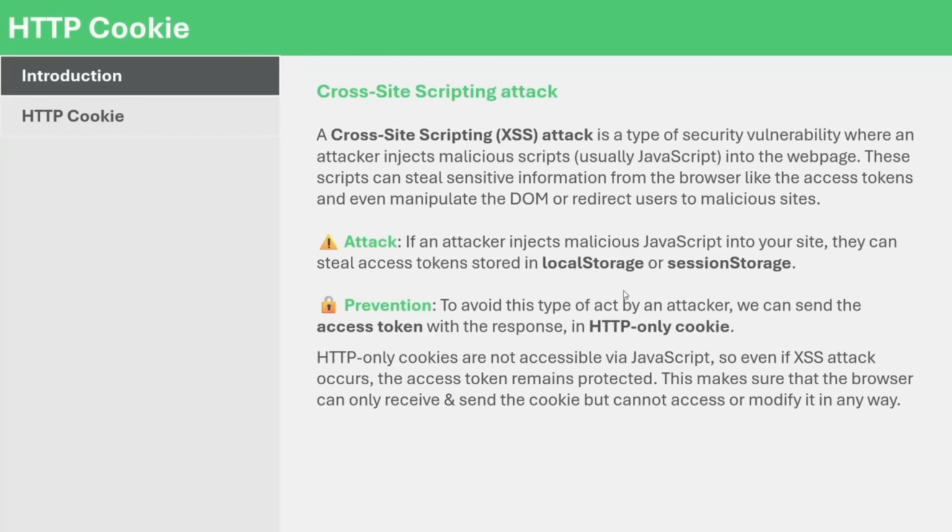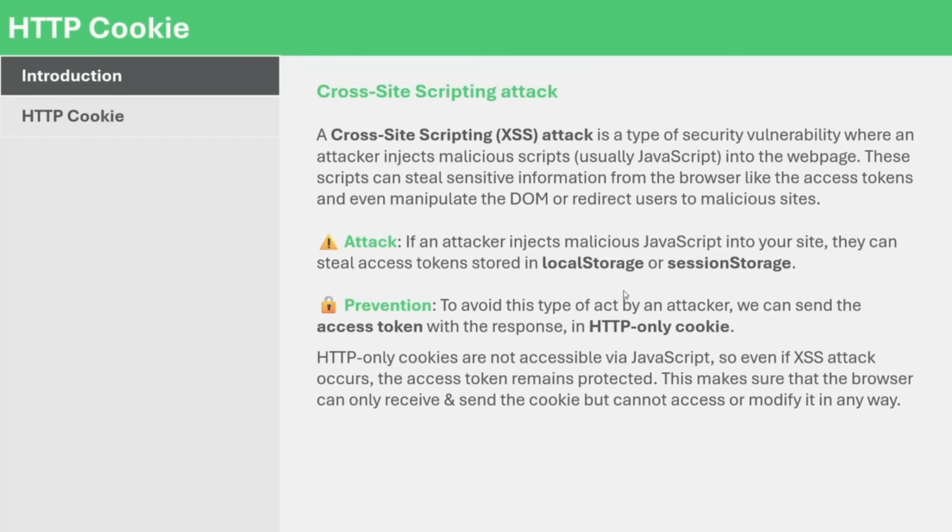Whenever it tries to access a protected route, since it has an HTTP only cookie, that cookie will be sent automatically with the request. And that cookie is going to store the access token which is required for accessing the protected route. I hope this is clear. So let's learn how from our Express app we can send the access token in an HTTP only cookie to the client.